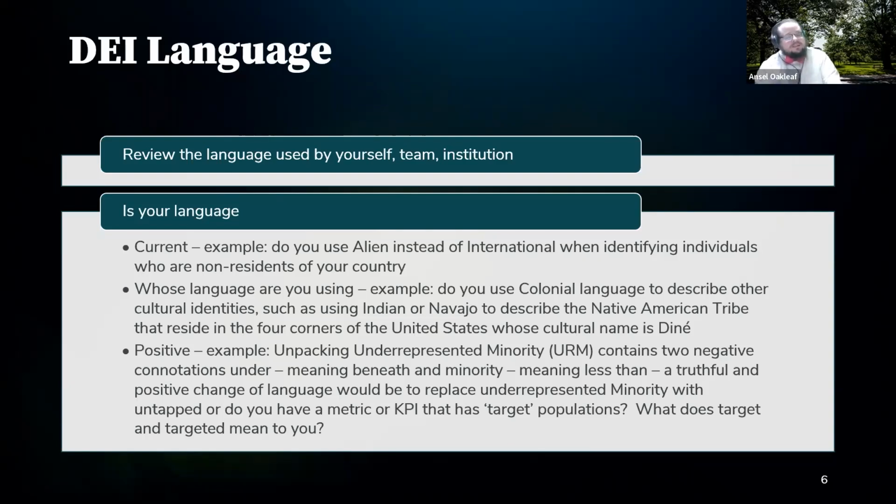So that's a big point of starting your toolkit: to look at the language of the culture of your unit, your department, your institution, and see what you're using, and try to holistically look at it and bring it up to what's current and how folks identify within each of these various spaces.